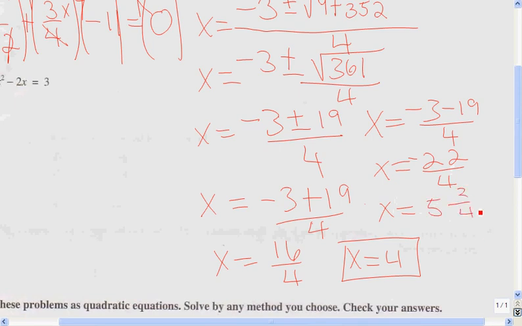So then we reduce the 2 over 4, and x equals 5 and 1/2. That's my two answers. x equals 4 and x equals negative 5 and 1/2, because the 22 is negative.